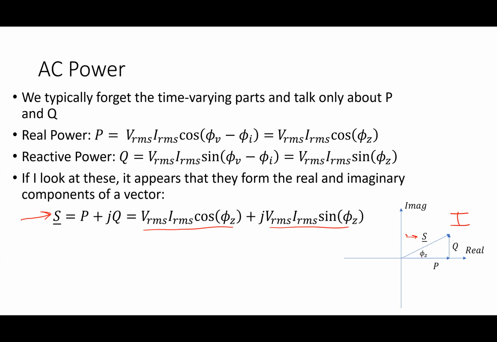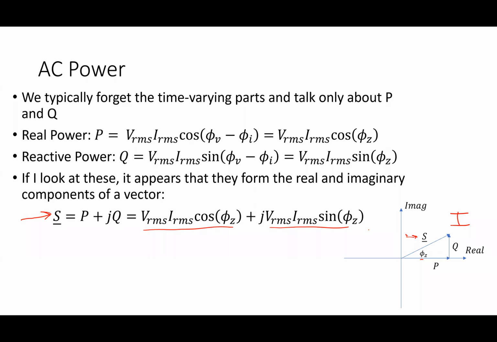And the angle of this vector is phi sub z, right? And then I've got the imaginary part of it is the Q, the real part of it is the P, all right? And so I have these definitions for those two things there. All right, so that's important. We can use that and we will use that quite a bit as we move forward.